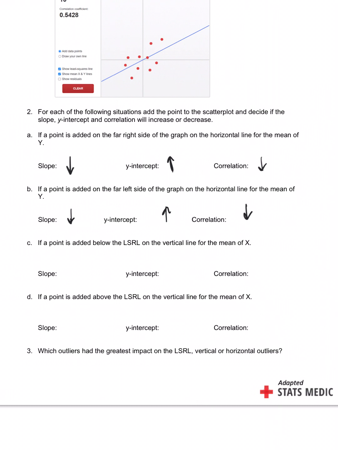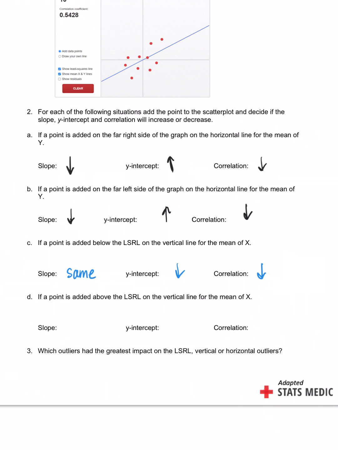Did the slope change at all? Nope. The slope stayed the same. But did my y-intercept go up? It went down. Did the correlation go up or down or stay the same? It went down. It's still an outlier, right? It should go down.